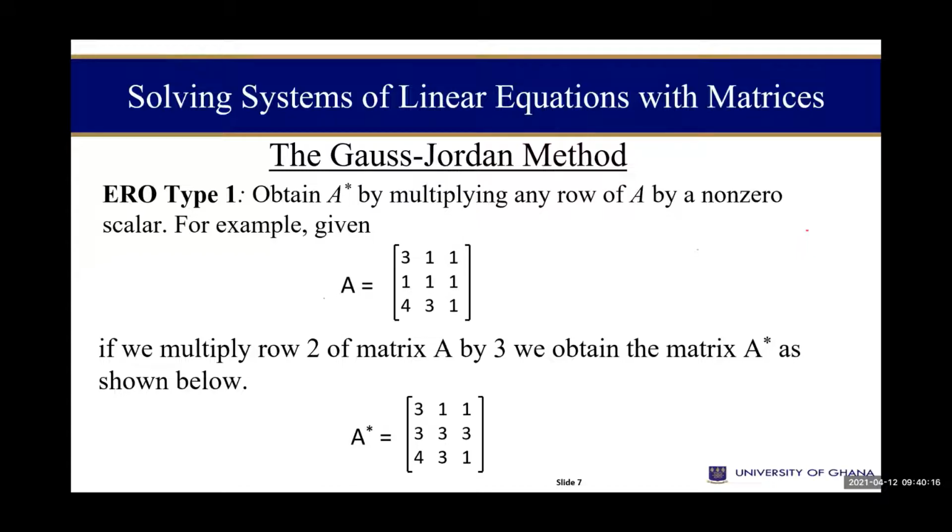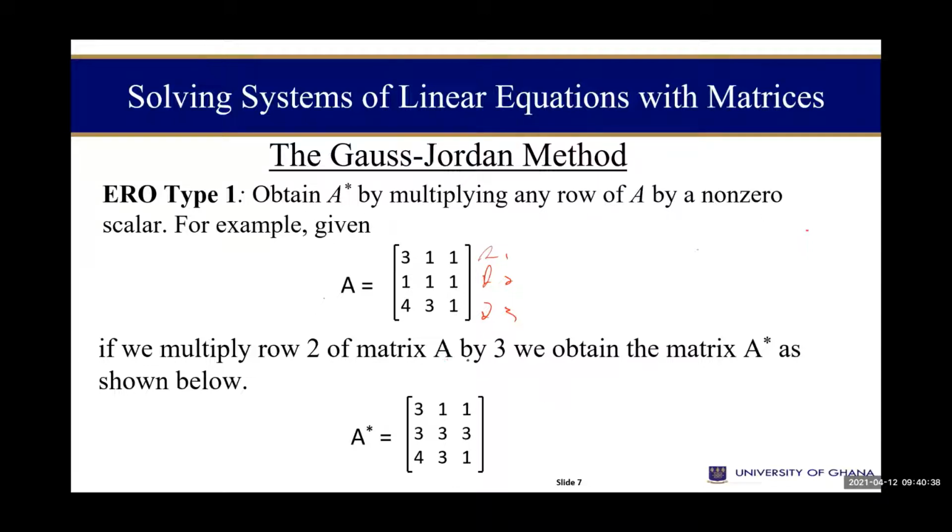So you have to bear in mind which of the rows you want to do the operations on. So that if I have matrix A, and this is row 1, row 2, row 3, if I'm multiplying a scalar by a given row, then it is that row my interest is on, not any other row.